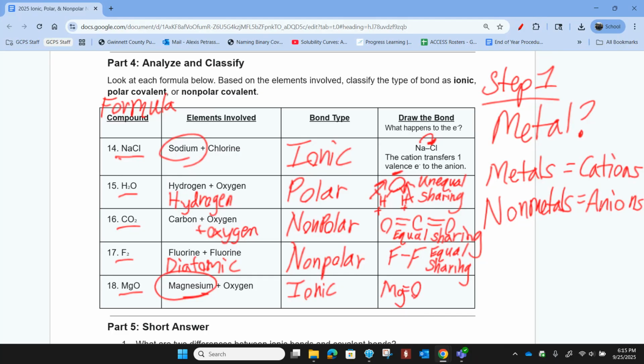I believe that's a double bond. So Mg bonds with oxygen. Mg is giving away its electron to oxygen. Metals get rid of, nonmetals take. That is transfer of an electron.